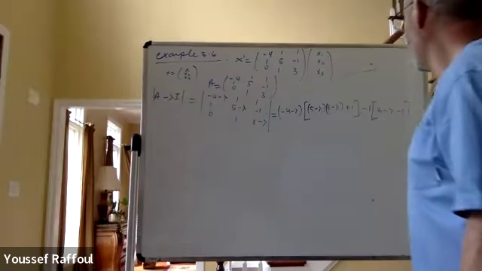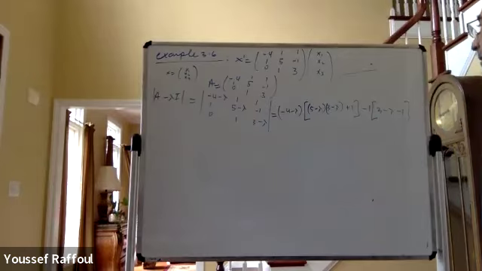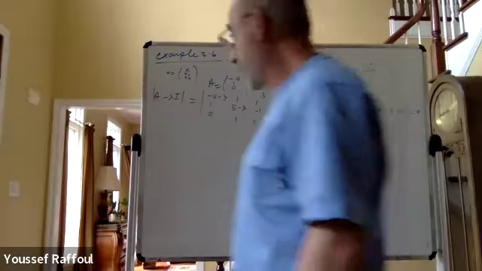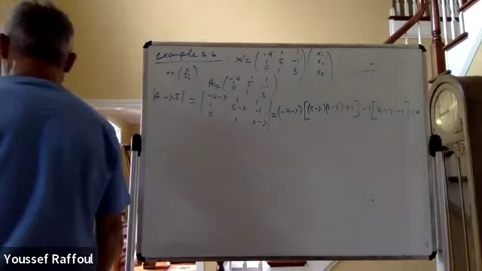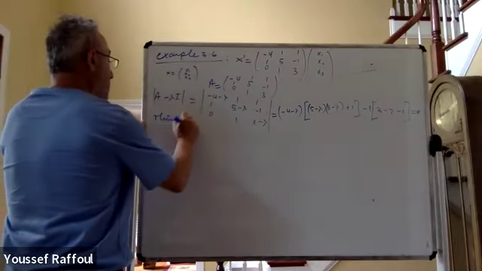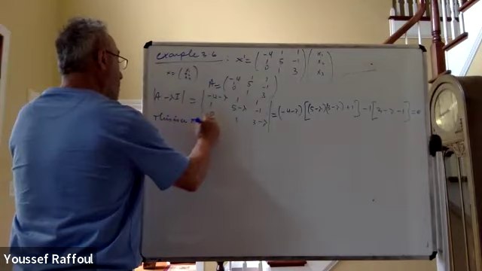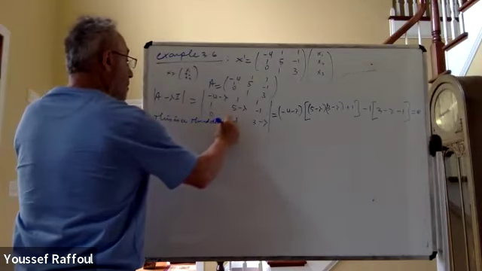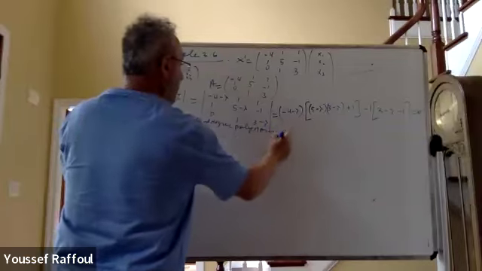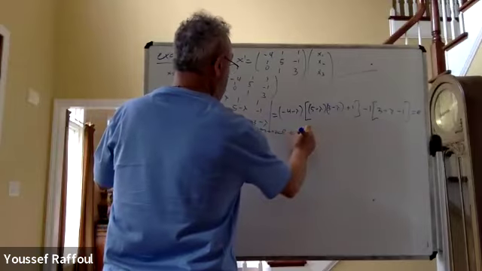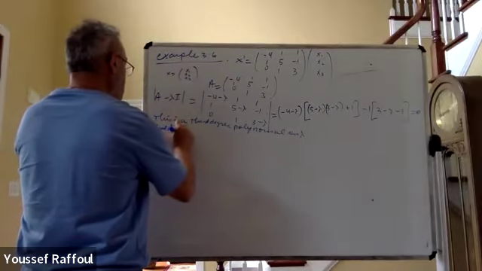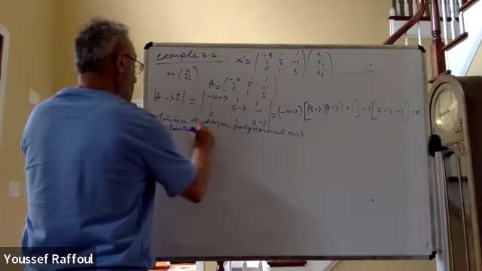That's it. Okay? So we want this one to equal 0. This is a third degree polynomial in lambda that has the roots.